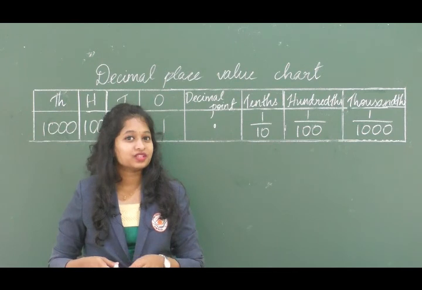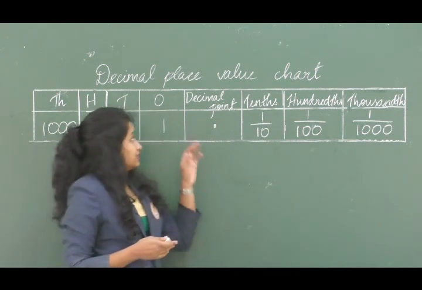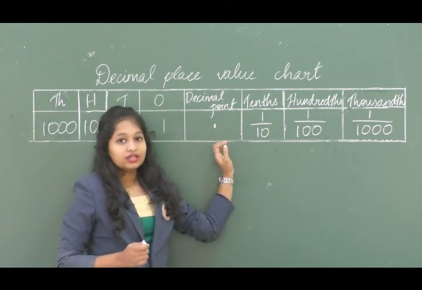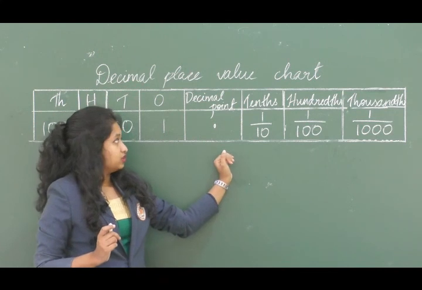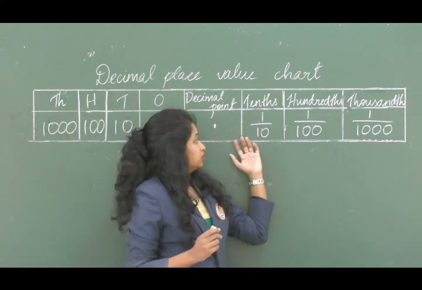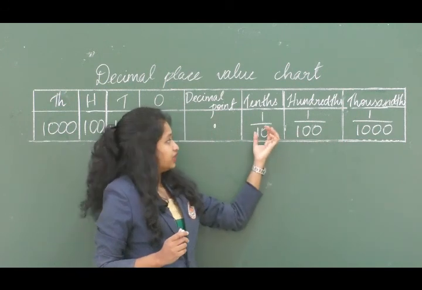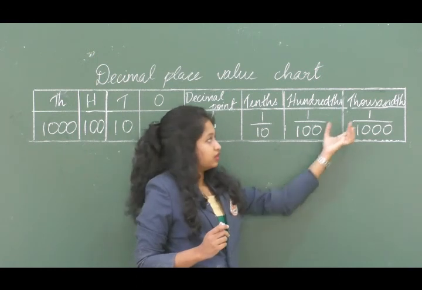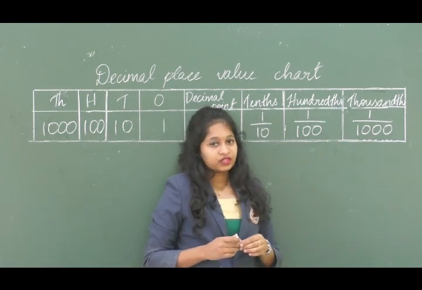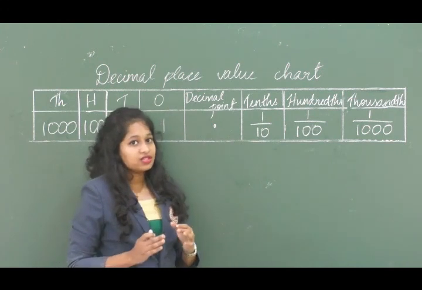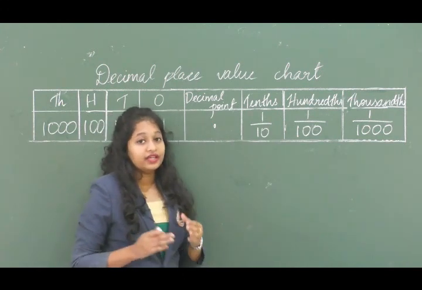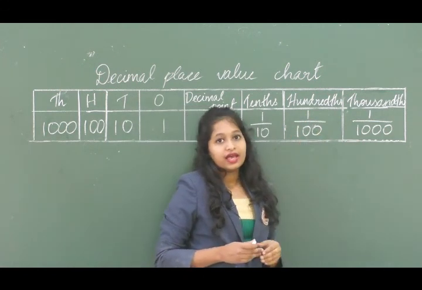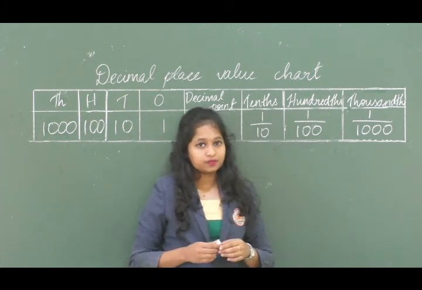Do you remember? Now let's learn decimal place value chart. So we have a decimal point in the middle, and towards this side we have tens first, then hundreds, then thousands. So we represent tenths as 1 by 10 and hundredths as 1 by 100 and thousandths as 1 by 1000.